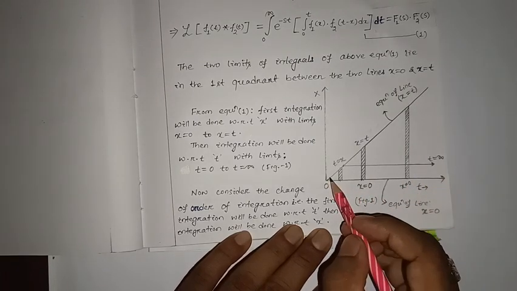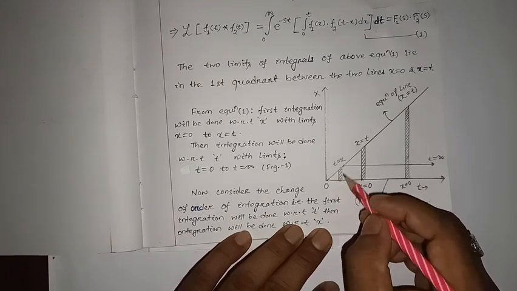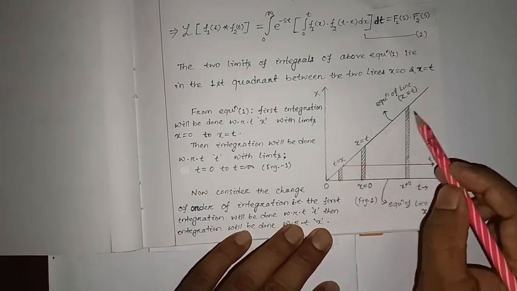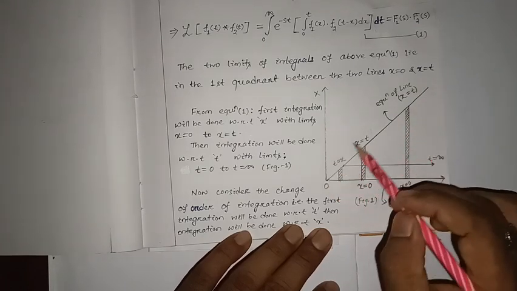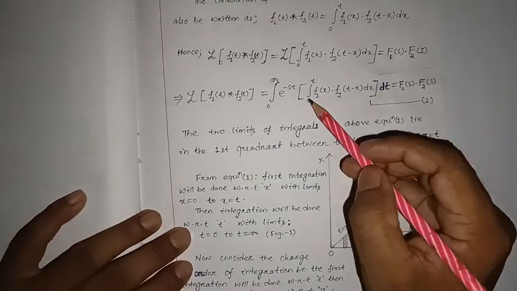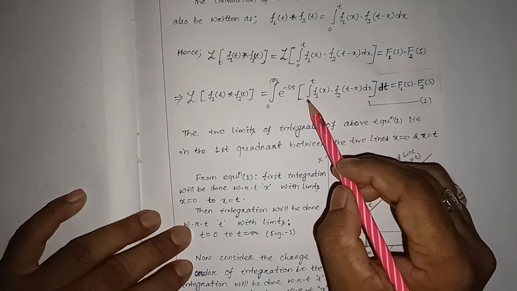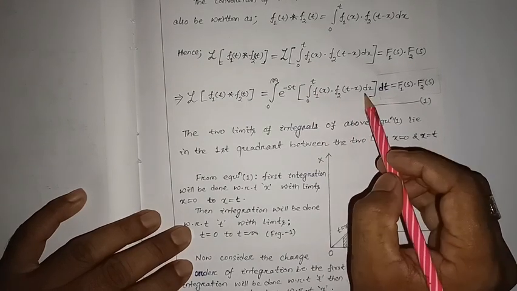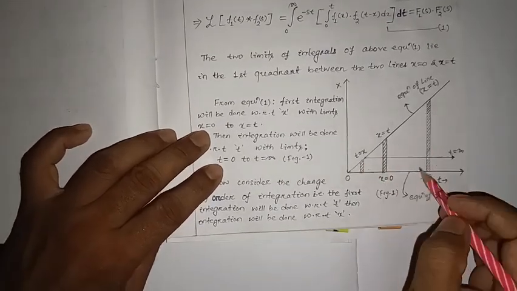So if I add or integrate these strips, then I can find the integration of this entire area. Likewise, the integration from 0 to t with respect to x means these strips.